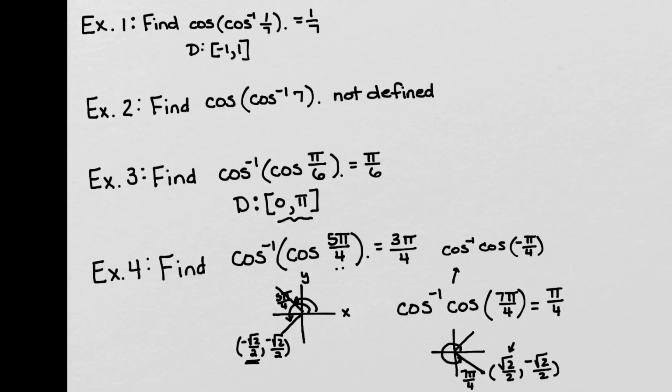So if I'm taking the cosine inverse of the cosine of negative pi over 4, well, cosine of negative pi over 4 is just the cosine of pi over 4. We know that because of our even and odd properties. So now I've got cosine inverse of cosine of pi over 4, and that also leads me to pi over 4. So a couple of different ways to solve that same problem.